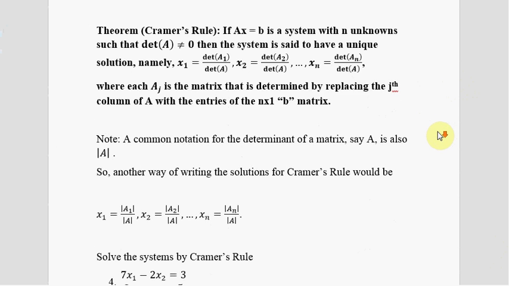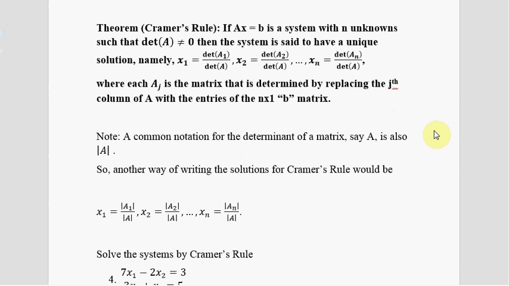All righty. Lastly in this section, Cramer's rule. Cramer's rule is a method of solving for a solution for a system without actually utilizing row echelon form, row reduction. Cramer's rule uses nothing but determinants to solve for the solution for a system.